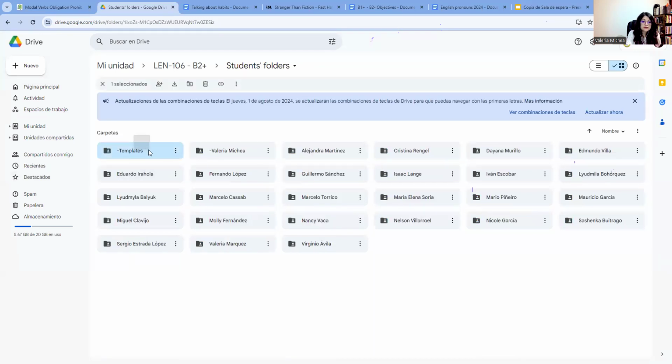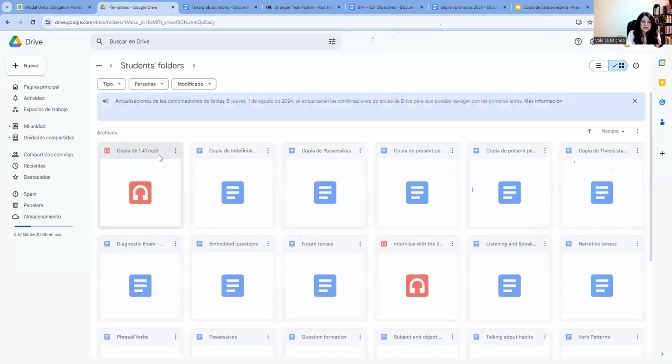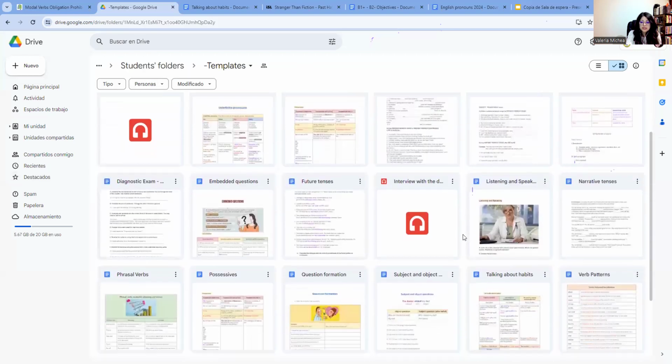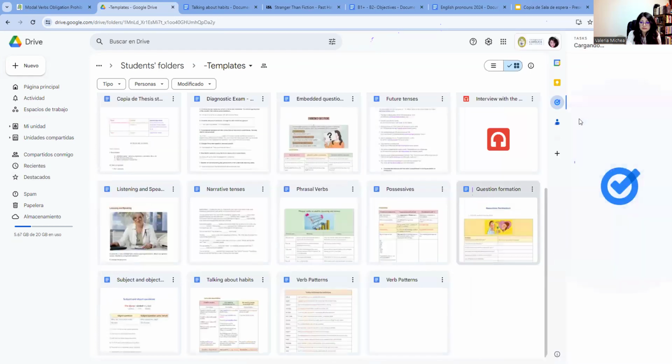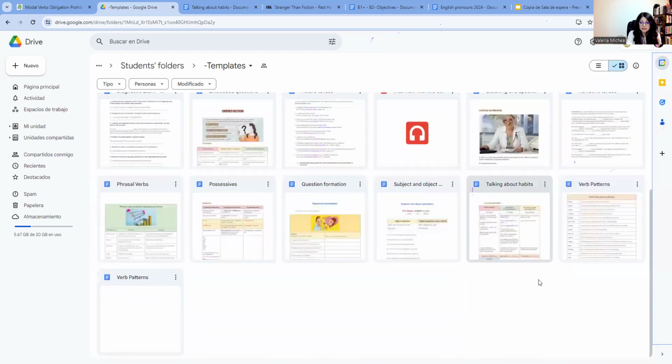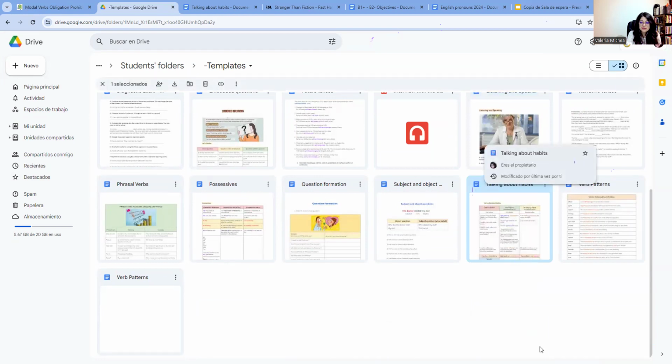It's in this folder called templates. So you can go there and find it. Where is it? My mouse is getting crazy. Yeah, here, talking about habits. So yeah, it's there. Although after the class, I'm going to make a copy in all of your folders. It's not a problem.